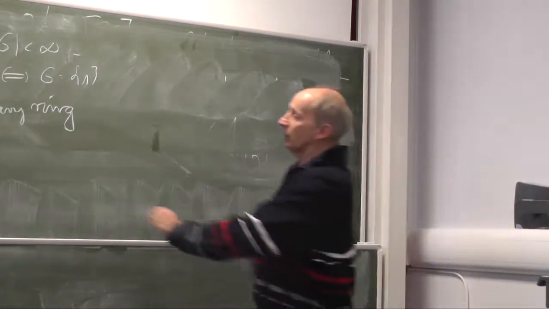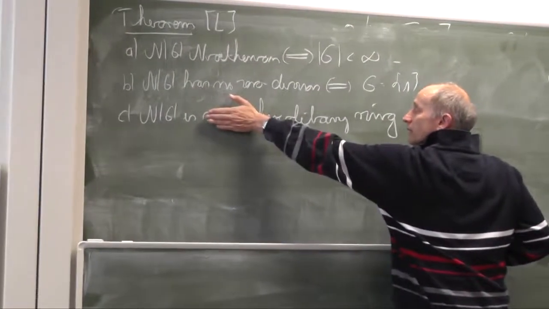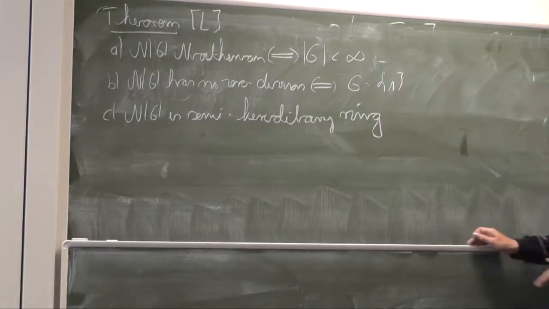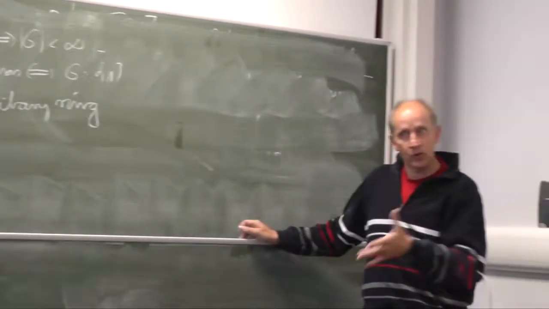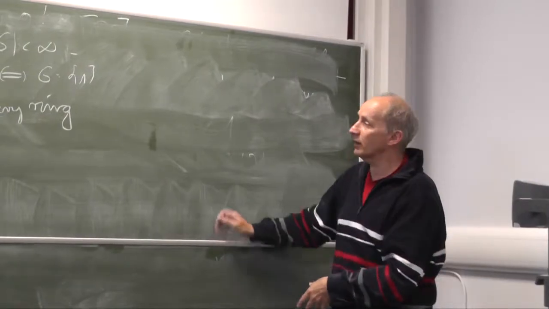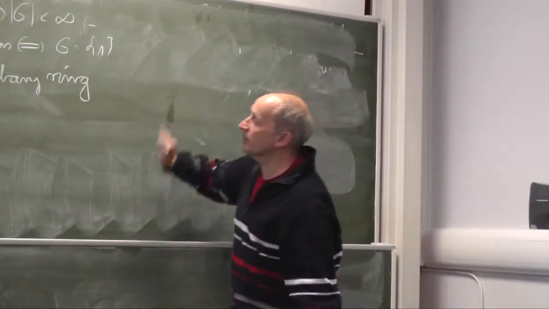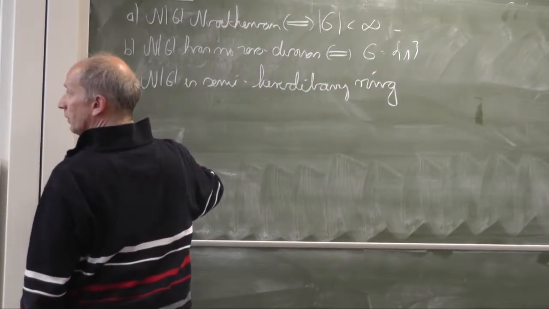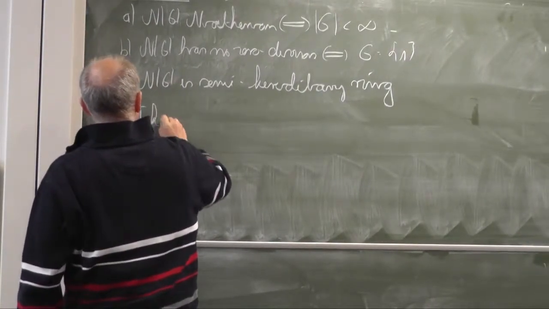Hereditary without semi means that any submodule of a projective is projective again. And semi means you have to take a finitely generated submodule of a projective and it's projective again. That's a very nice property. And this is the basis to come to the next part of the theorem. So there is a dimension function.